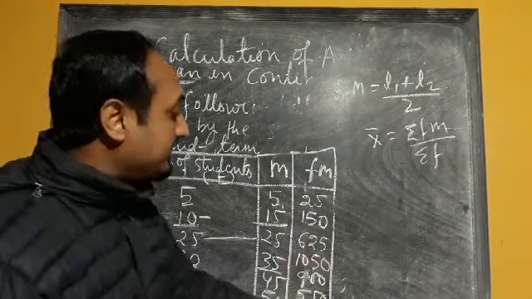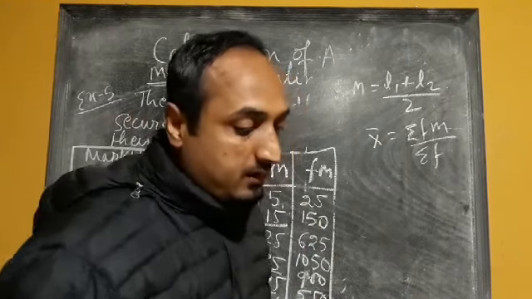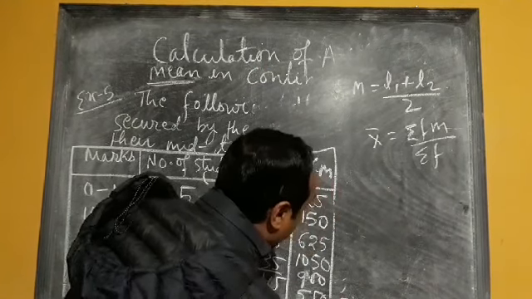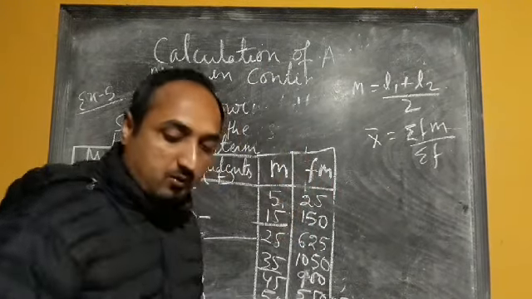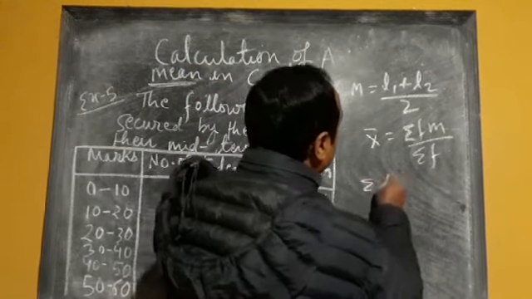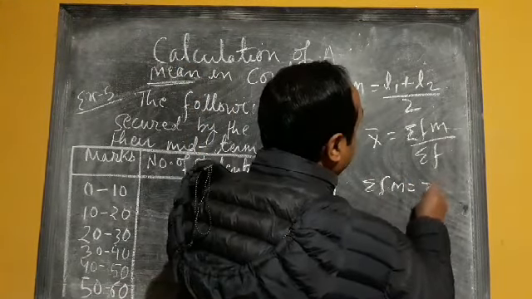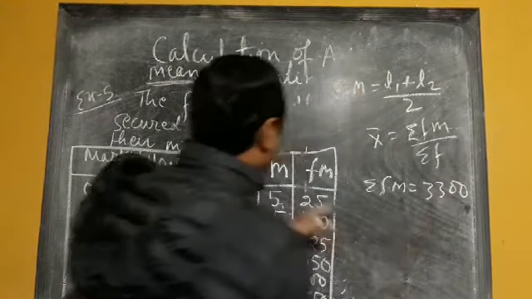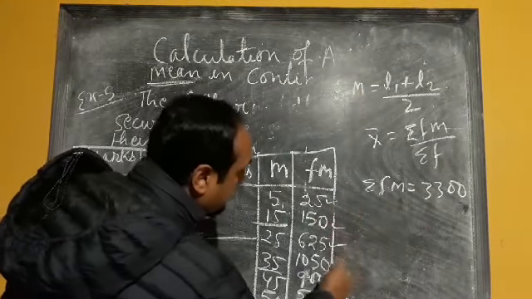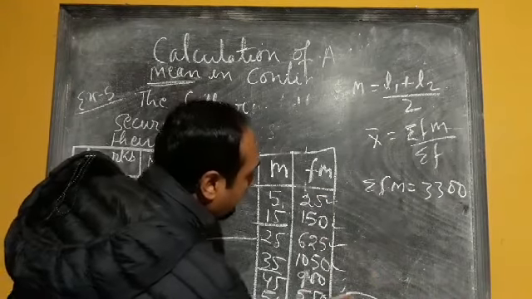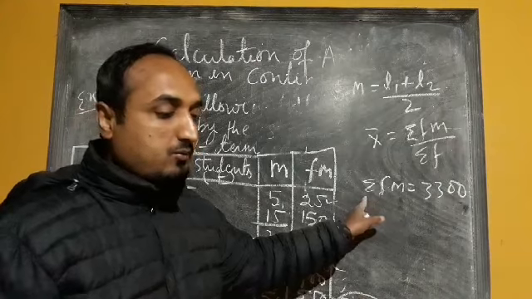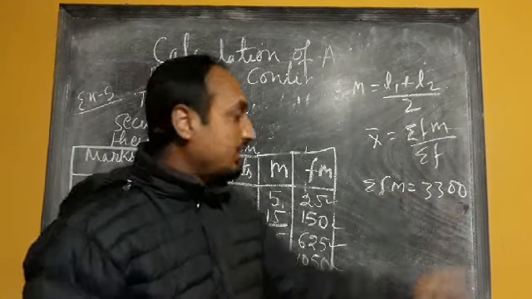Now when we add this value plus this one plus this one, we get 3300. That means summation Fm we have 3300.